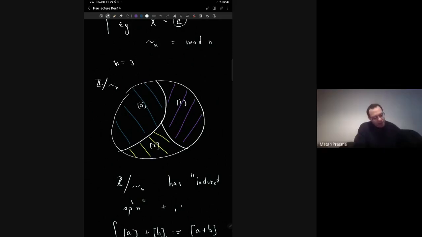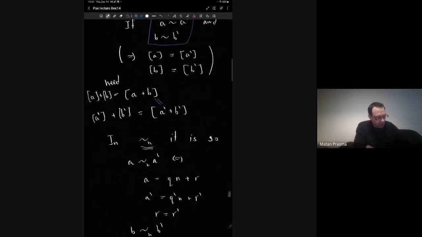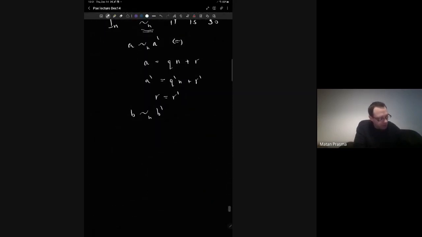I mean, when I say well defined in the formal sense, when I claim that I have a binary operation on a set, it needs to be a function, right? Let's put it like this, more formally.